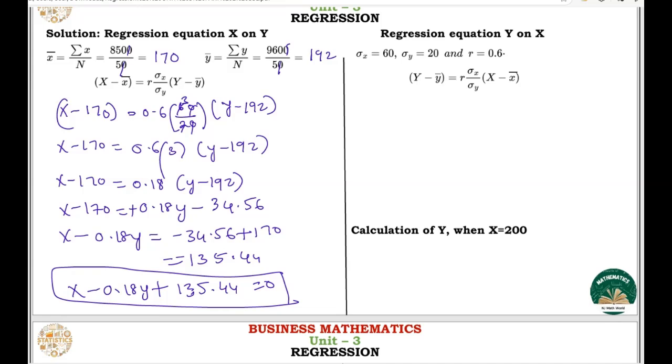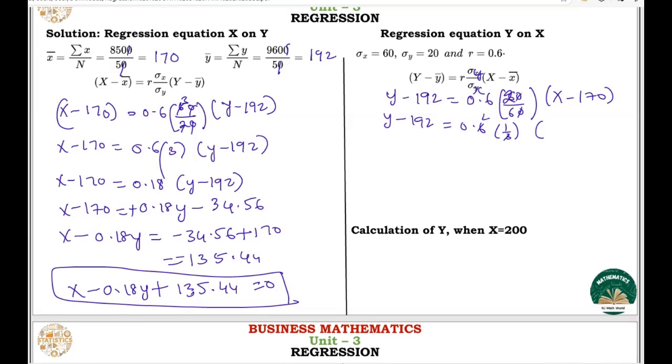The same way, if you do, we get y minus y bar, which is 192, r is 0.6, rho y by rho x, it is 20 by 60, into x minus x bar, which is 170. So y minus 192 will be 0.6 into, 0 and 0 cancel, 2 ones are 1 by 3, 1 by 3 means 3 ones are 3, 3 twos are 6.